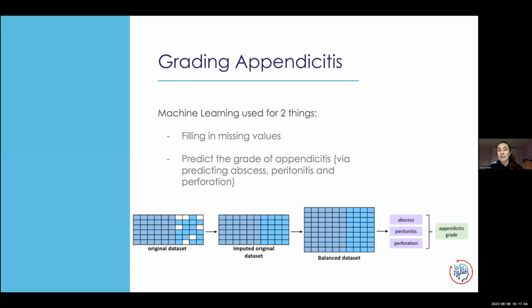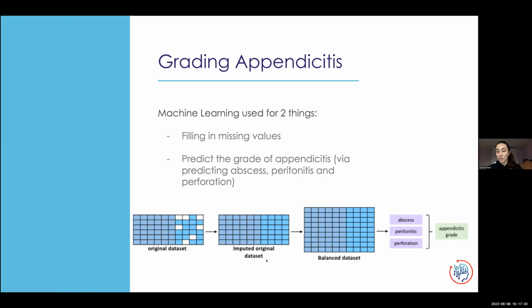Machine learning is used in two different ways in this project. The first way is to fill in these missing values, again, through a process called imputation. And the other one is to predict individually abscess, peritonitis, and perforation, which will then help us determine the grade of appendicitis. A little flow chart is at the bottom here. You have the original data set, where the white blocks are the missing values.